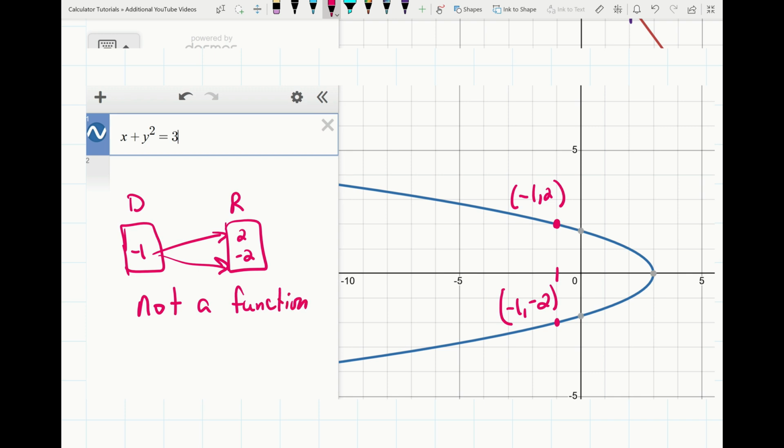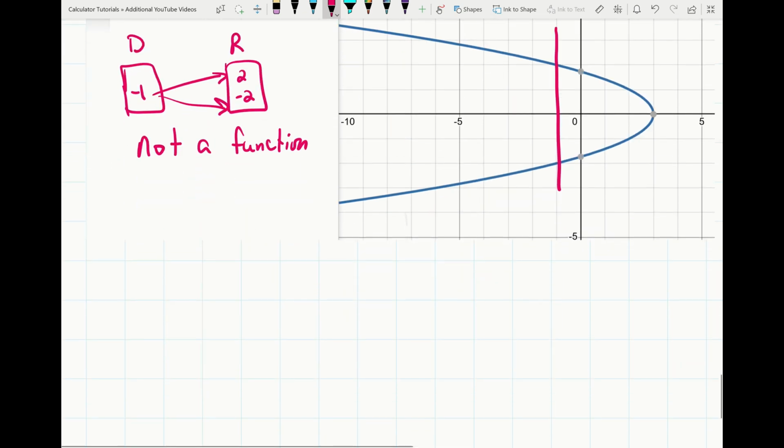So just to sum things up real quick, if I erase everything, the vertical line test says if you draw a vertical line and you hit your graph two times or more, it's not a function.